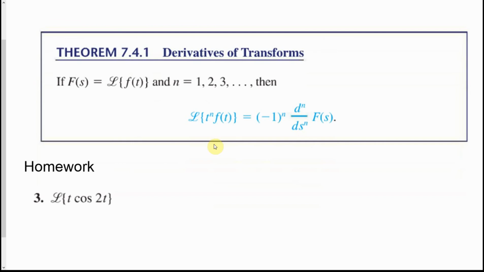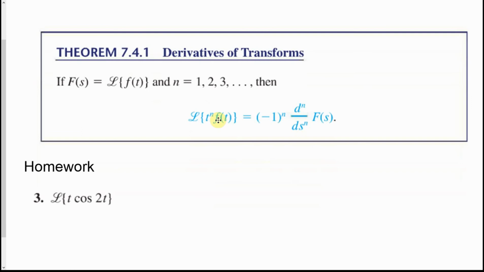So if you have the Laplace transform of t to the n times a function, it doesn't really even tell you that it's the derivative. Now what they're saying is that if you see the combination of the Laplace transform of some polynomial times some function, doesn't matter what f of t is, then you can break that down by a derivative.